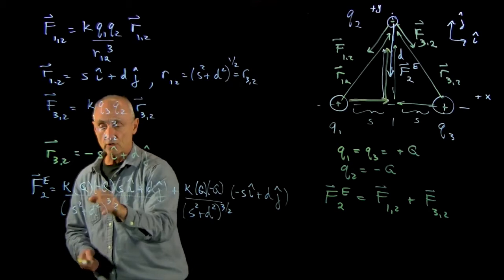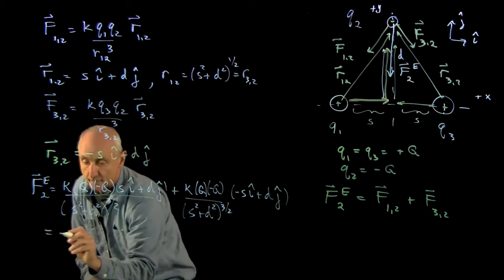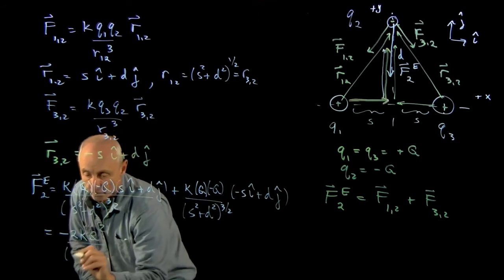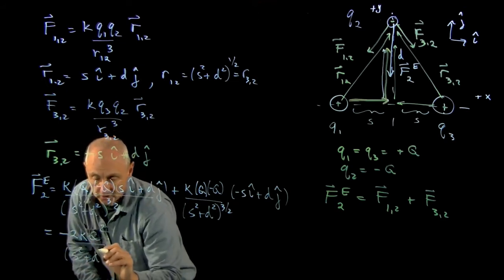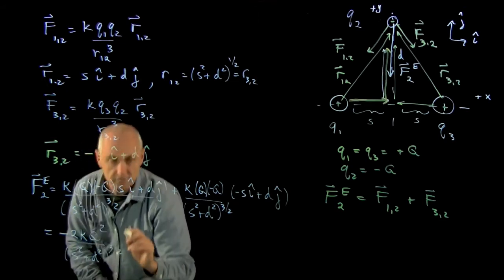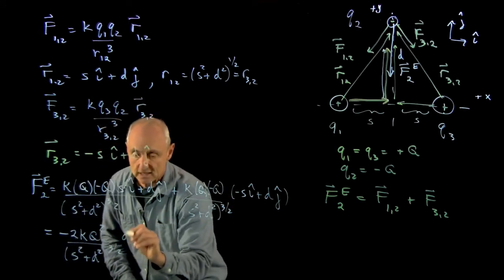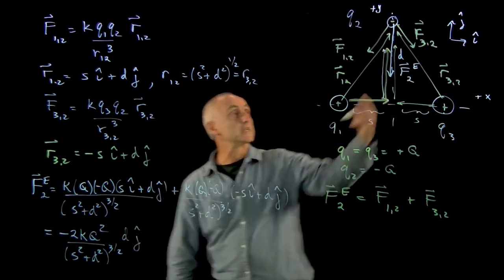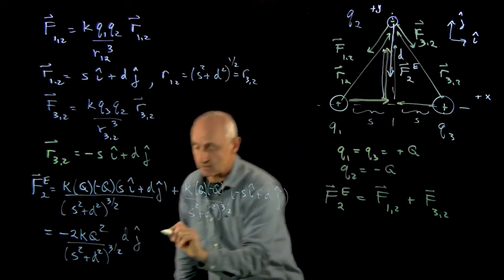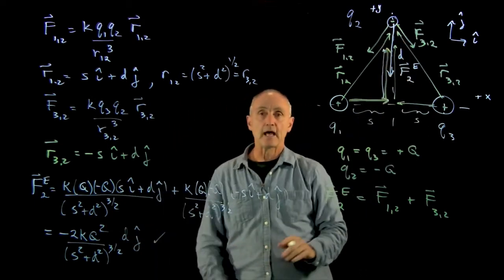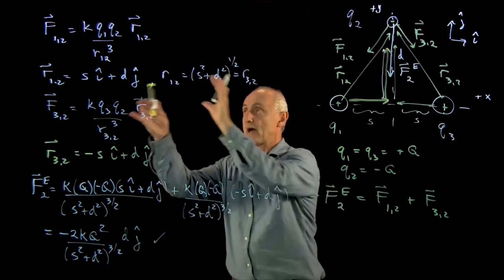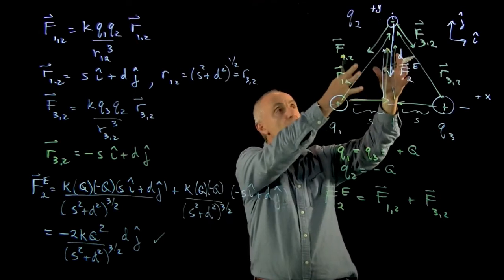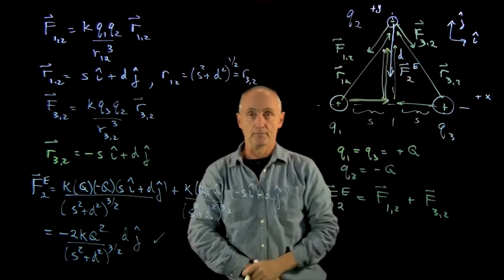There's a minus, so we get minus 2k q squared over s squared plus d squared to the 3/2, times d j hat. And you see that this vector is pointing down, as we expected. And that is an application of the mathematical expression of the superposition principle and a conceptual understanding of vector addition.